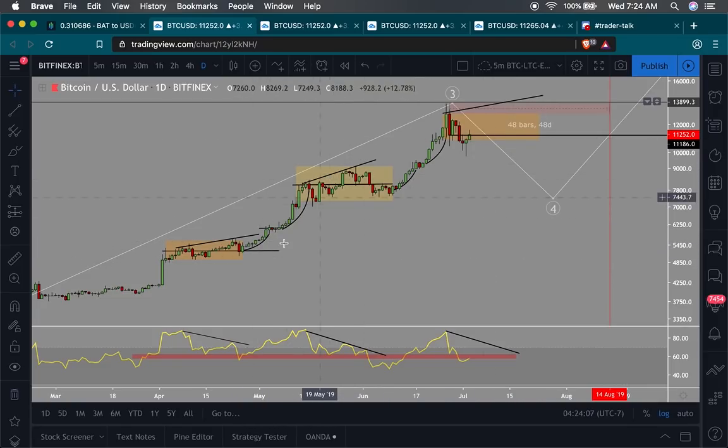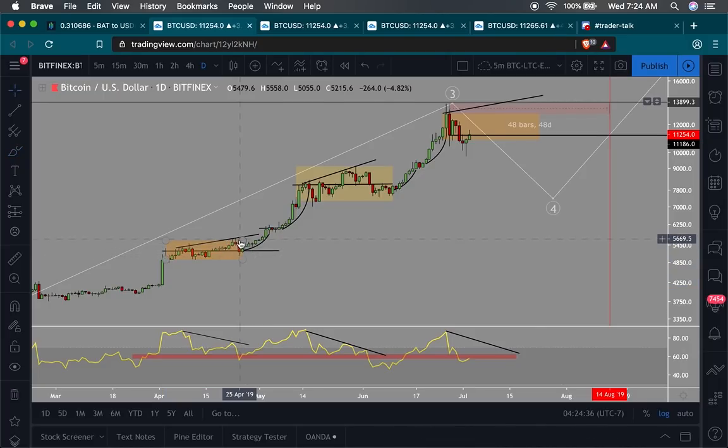Now, every time BTC has consolidated, way back here in April, we went from a low of almost 4,000 to a high of 5,400. Then we pulled back to about 4,900, and then what seemed like a breakout over here took us to a high of about 5,700, and then we pulled back again for a couple days.